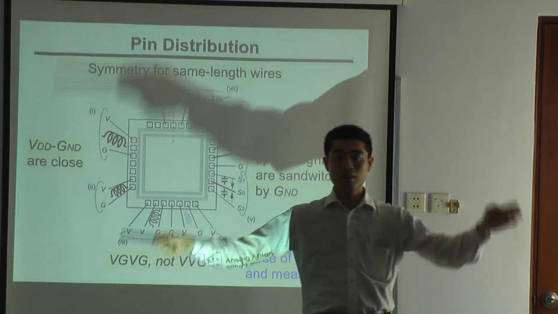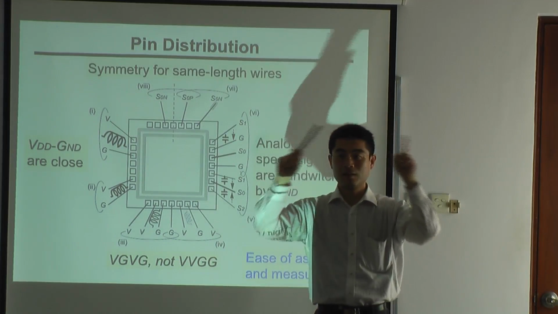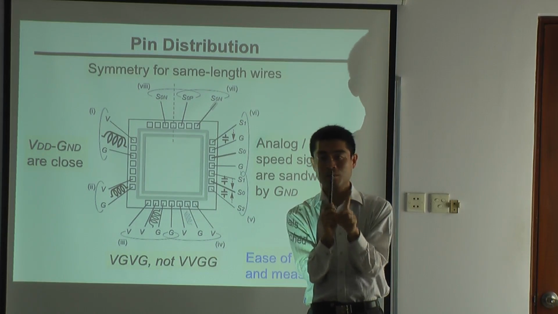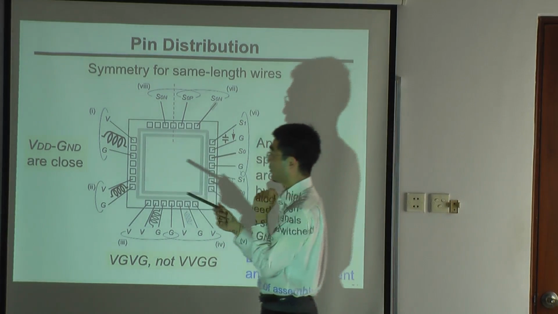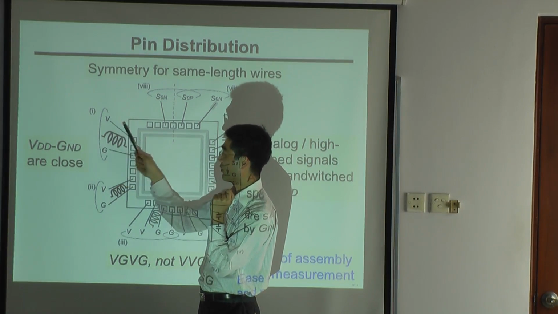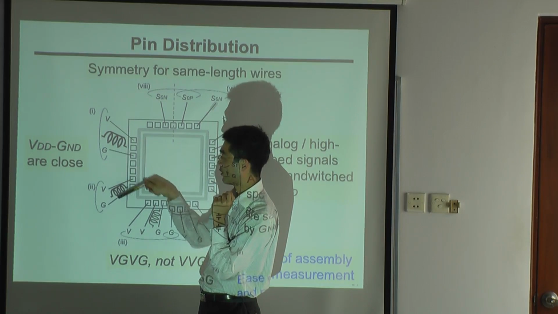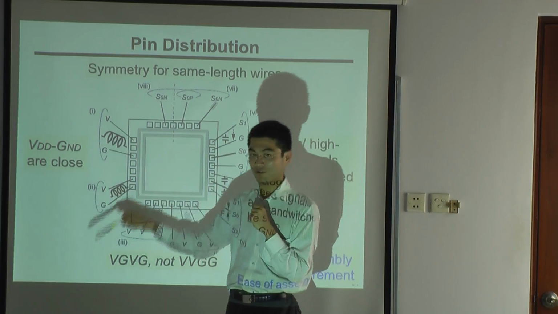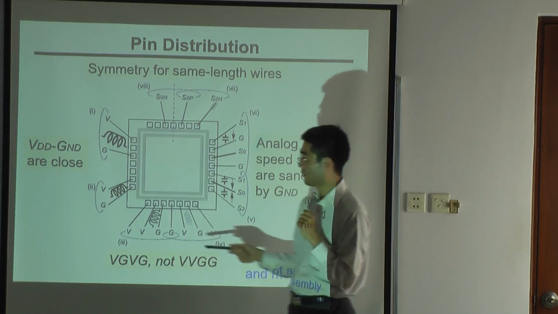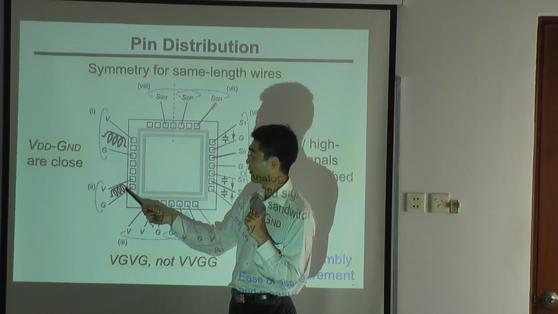If you use a wider loop, it will have a large inductance. If you use a small loop, you will have a small inductance. So VDD and ground should be close in order to reduce the loop area and to reduce the inductance. So this layout is better.